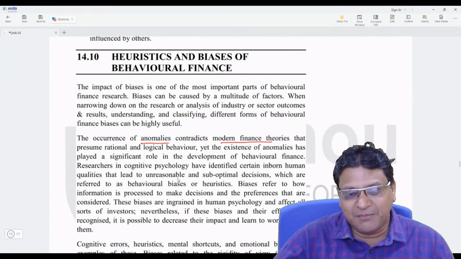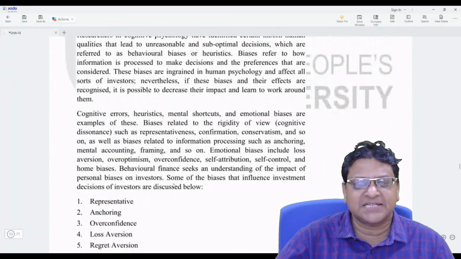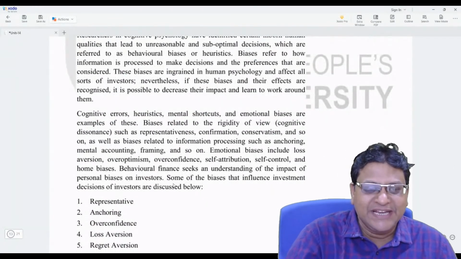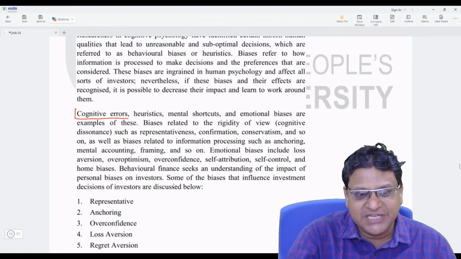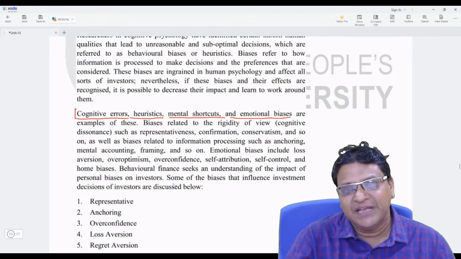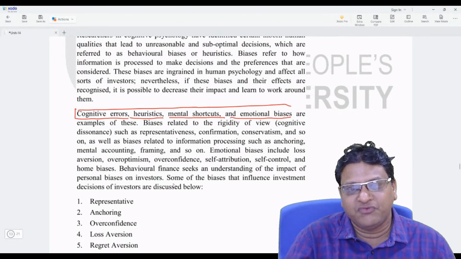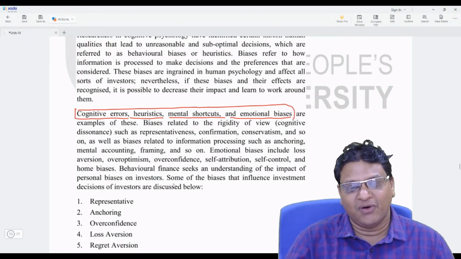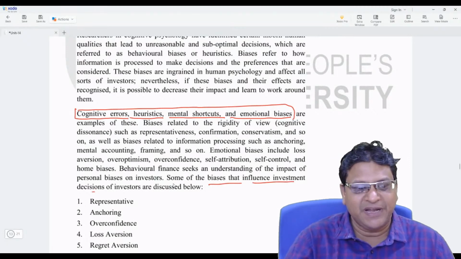These may be of different types. First, it can be cognitive errors, it can be heuristics, it can be mental shortcuts, it can be emotional bias. These are some of the biases that influence investment decisions.